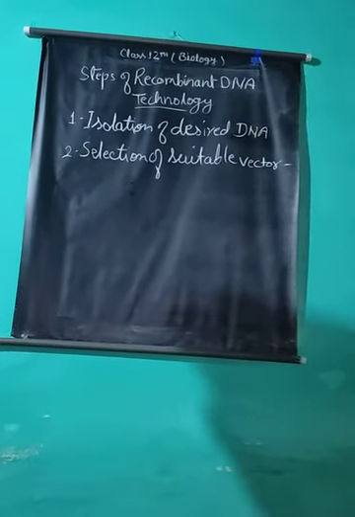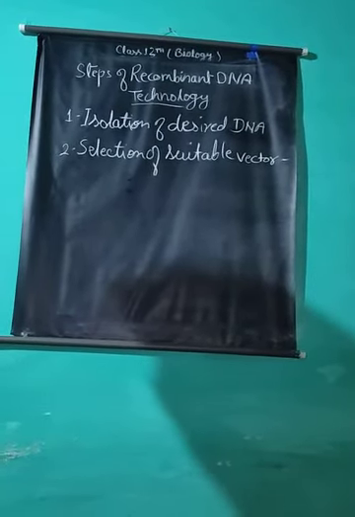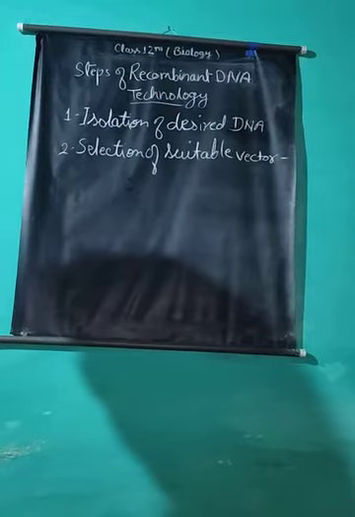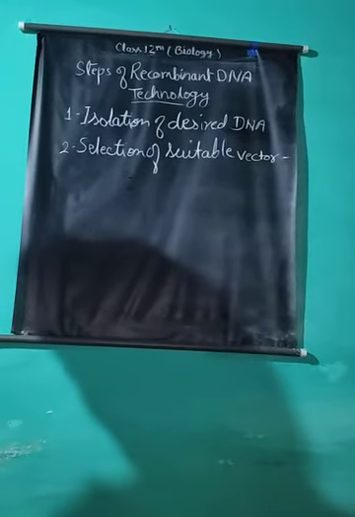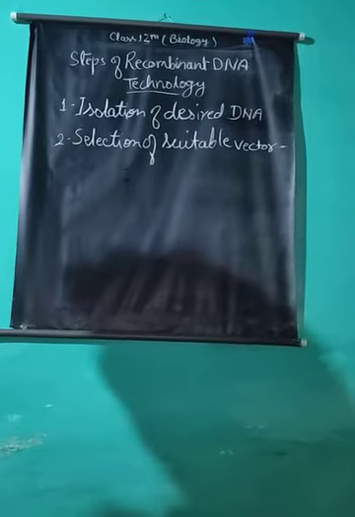In this, a suitable vector DNA is selected for the transfer of foreign DNA. Plasmids, cosmids, phagemids and bacteriophages are available as vectors. The Ti plasmid found in Agrobacterium tumefaciens is used as a vector in plant genetic engineering.